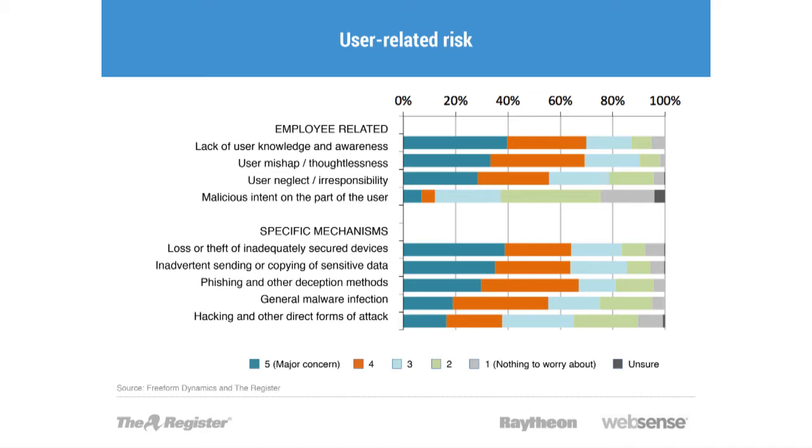You can see that they're pretty evenly balanced between the employee-related internal side of things, lack of user knowledge and understanding, inappropriate use of information, thoughtlessness, mishap, all the way down to somebody actually specifically trying to steal information internally or deliberately leak it, pass it on to someone. But that's much, much smaller than the accidental side.